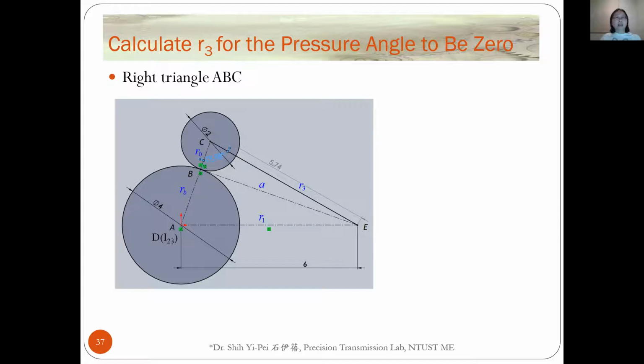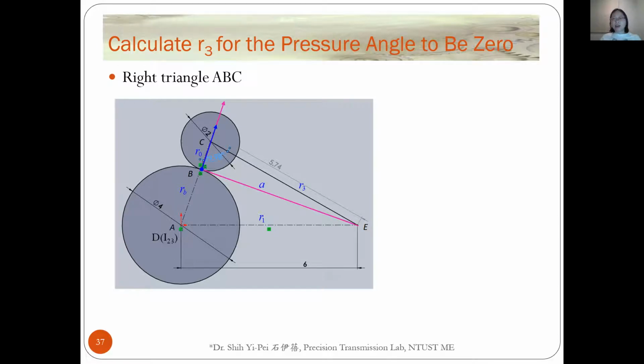Let us see the definition of the pressure angle. The pressure angle is the angle between the velocity of point B3 and the normal line to the surface at the contact point. The direction for the velocity of point B3 is perpendicular to the link BE.